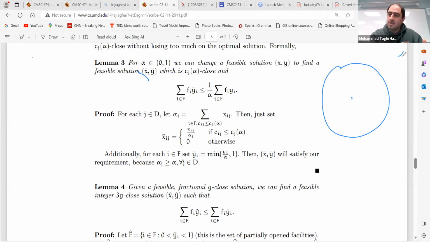Anything which is outside of this ball, where xij might be a very small amount, going to epsilon outside of this ball, we will just make all of them 0, and we have adjusted the facilities that should be opened accordingly. Now that I have this property, I want to go to the next step.